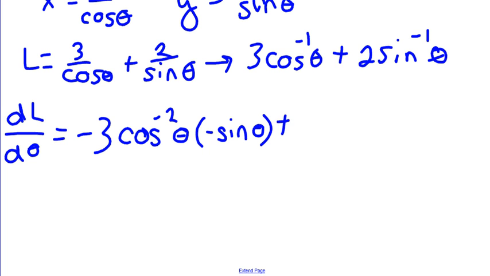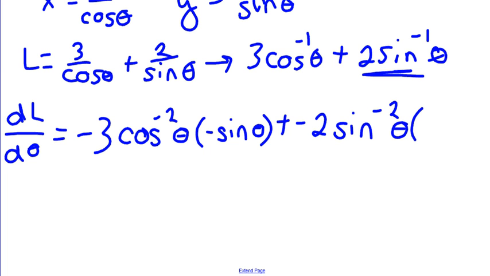Plus, so now I'm going to do the derivative of this, which is negative 2 times the sine to the negative second of theta, times the derivative of sine of theta, which is cosine theta. Don't forget to take the derivative of that function still. So we can rewrite this just slightly.